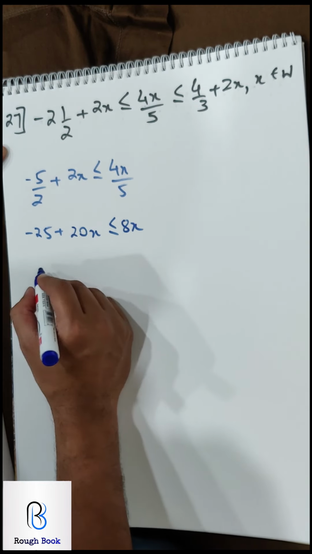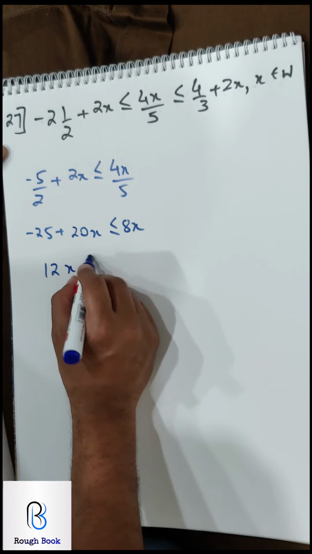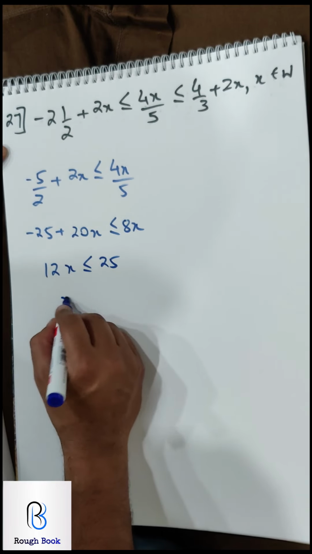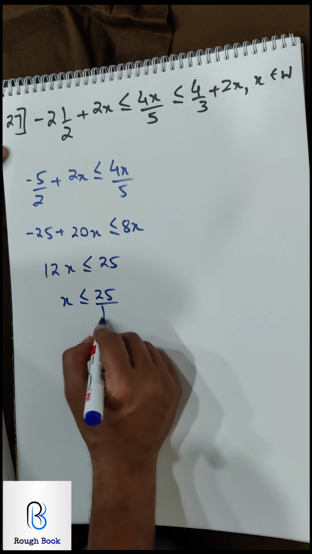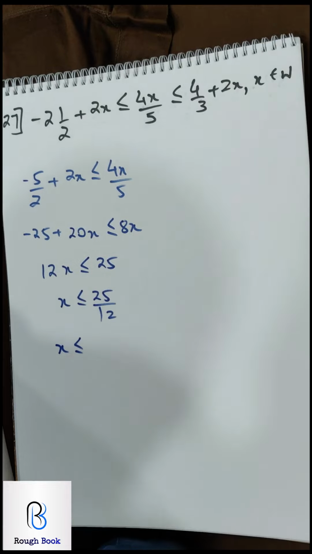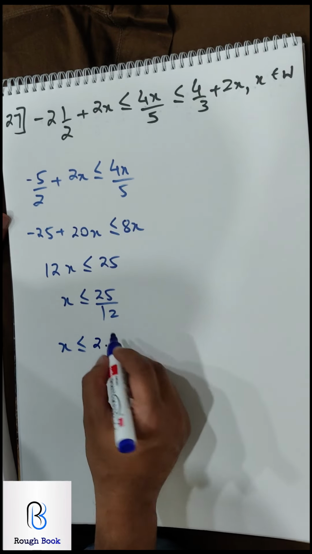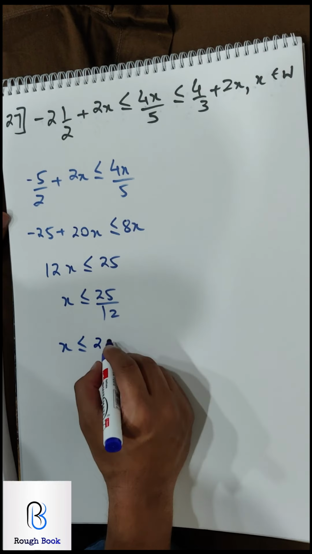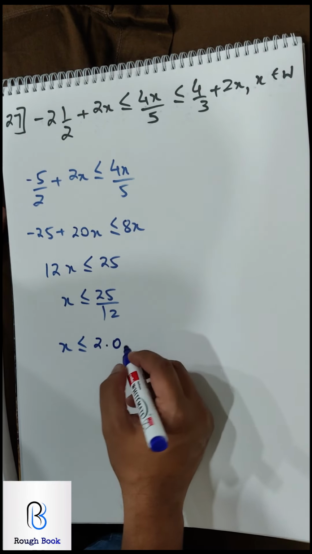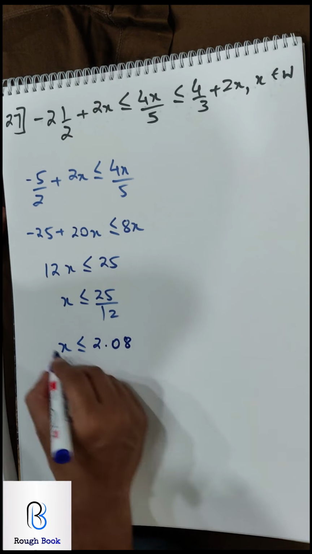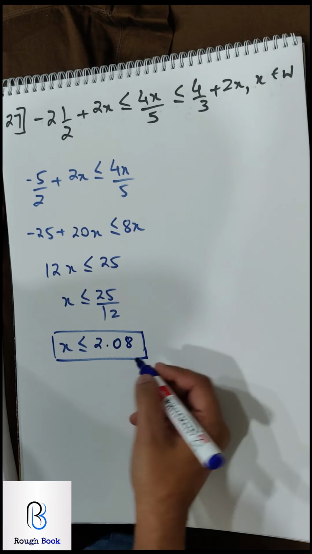Getting x on the positive side as we discussed yesterday. So 12x less than equal to 25, x less than equal to 25 by 12. Get it into at least 1 or 2 decimals. 2 decimals is advisable. So 24, 1, so 0, 1 more 0, so 8 times. So 2.08 is what we will get over here.